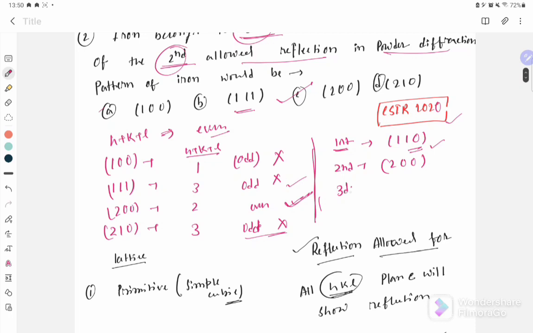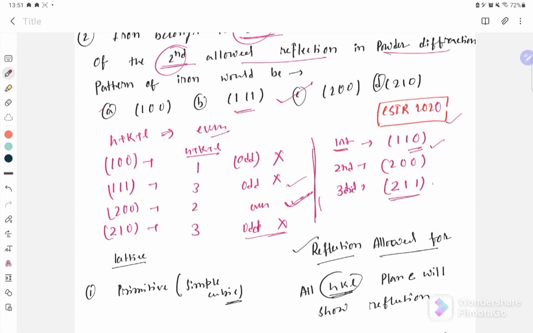Third one is not 2 1 0. Third one is 2 1 1.